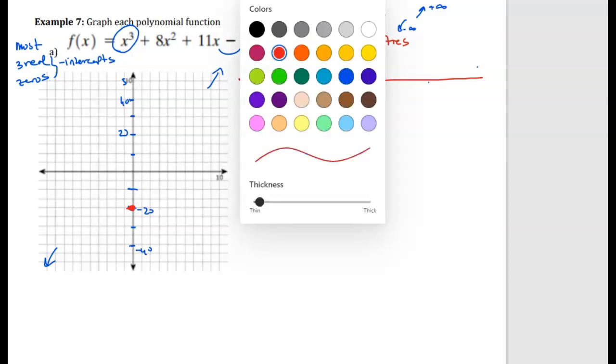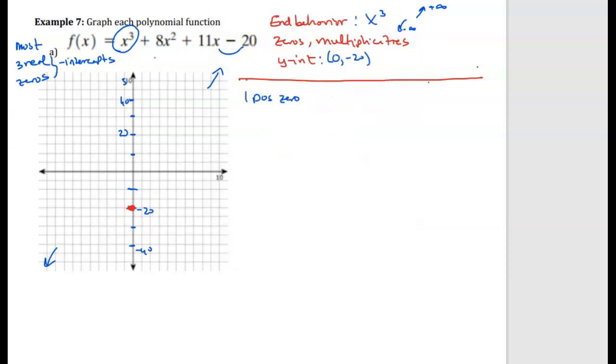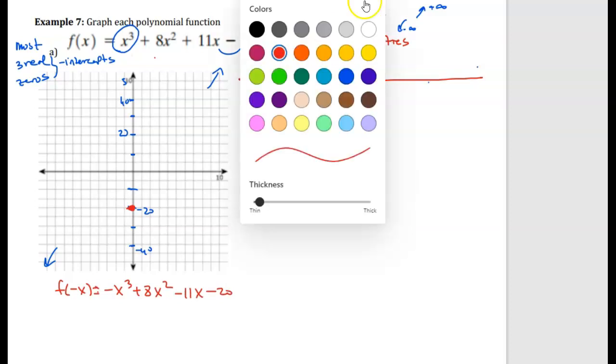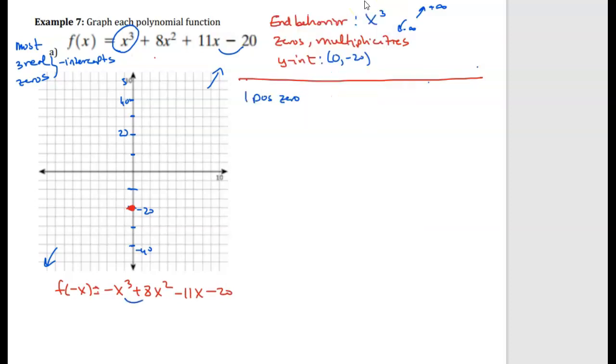And let's look at f at negative x, which is negative x cubed plus 8x squared minus 11x minus 20. Let's count the sign changes: 1, 2. So we have 2 or 0 negative real zeros. That's what we know.